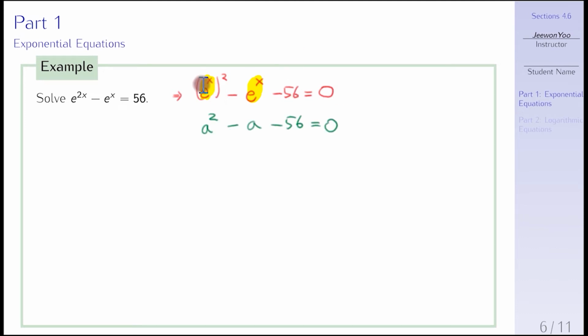Assuming that you set a to be e to the x, then you can write this equation like this, which is a quadratic equation, and it looks much better. And how do we factor this? Well, I'm going to assume you know how to factor. Two numbers that multiply together to become 56 are 7 and 8.